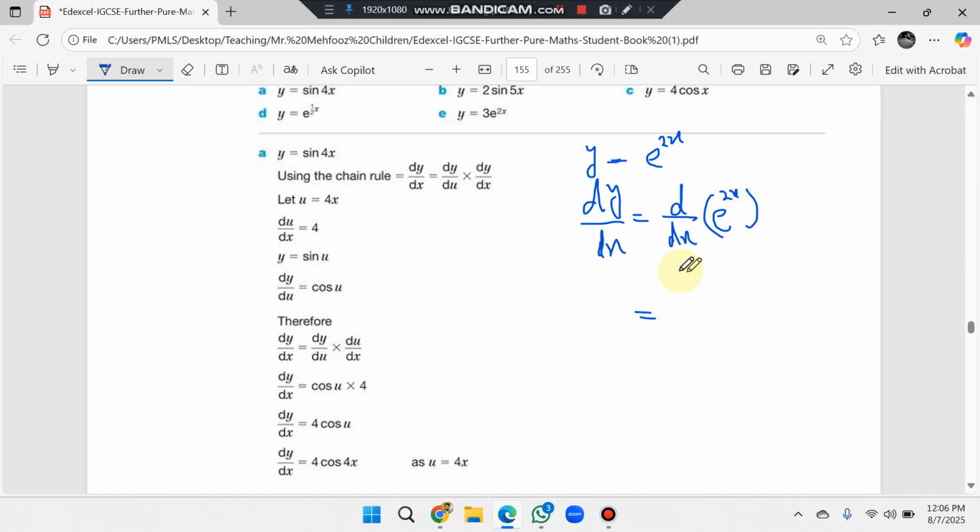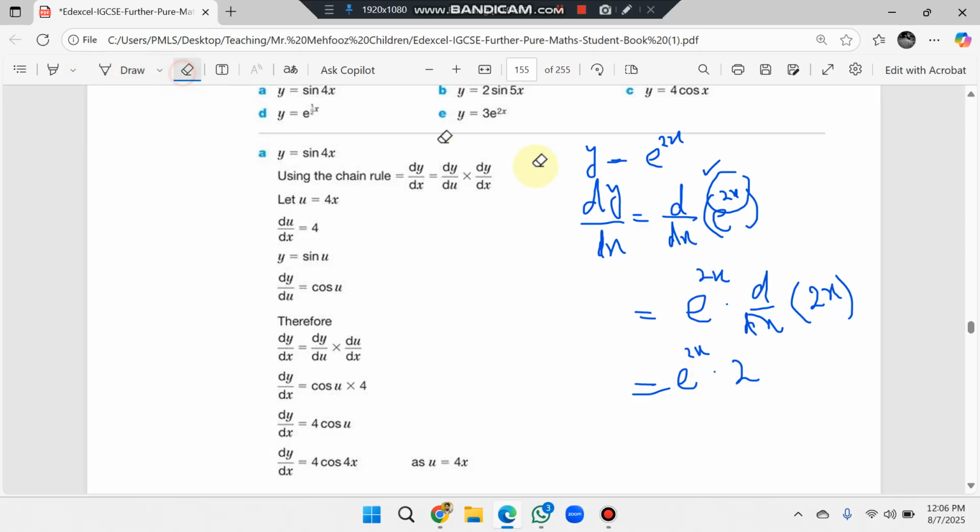Now here you can find the derivative of this function. The derivative of e raised to the power 2x is e raised to the power 2x, multiplied by the derivative of the given variable, that is d by dx of 2x. This is the general method.